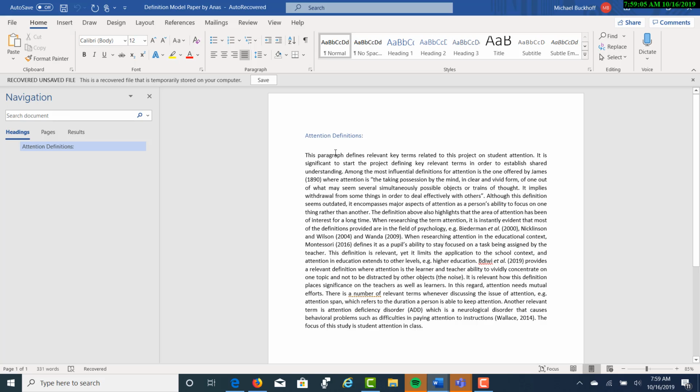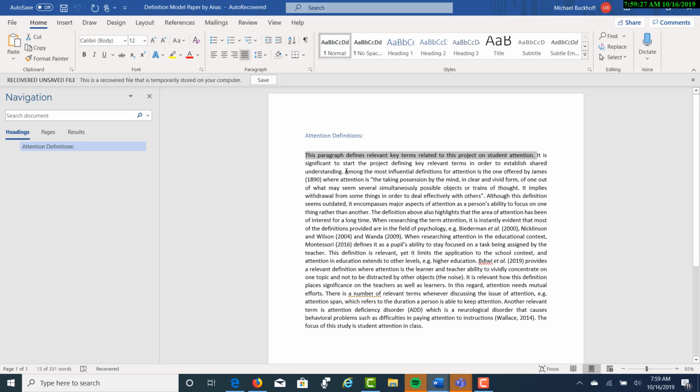It says this paragraph defines relevant key terms related to this project on student attention. He's very specific very quickly with this thesis, which defines the purpose of the definition paper. He says it is significant to start the project defining key relevant terms in order to establish shared understanding.